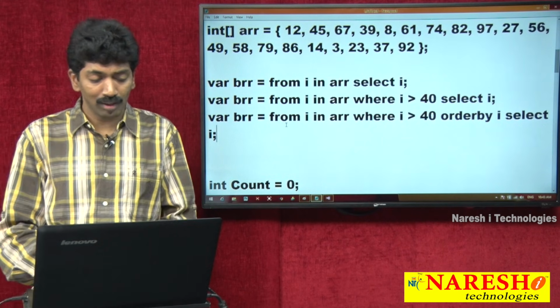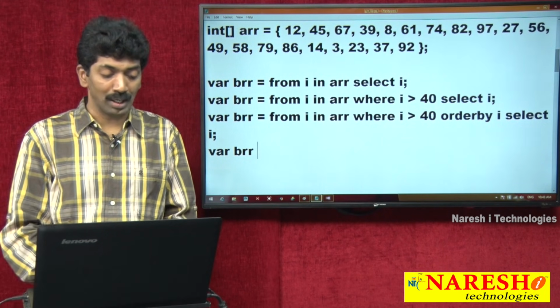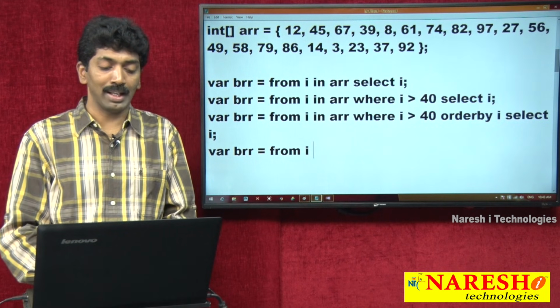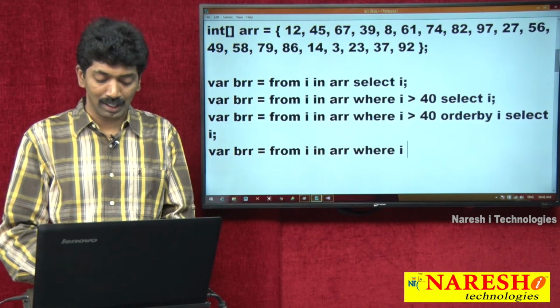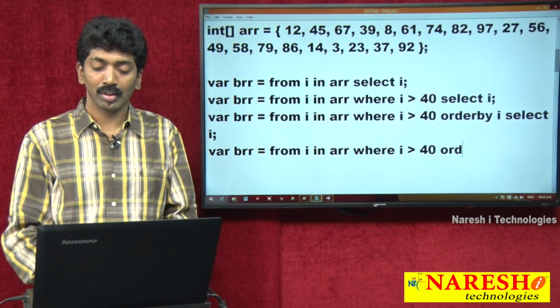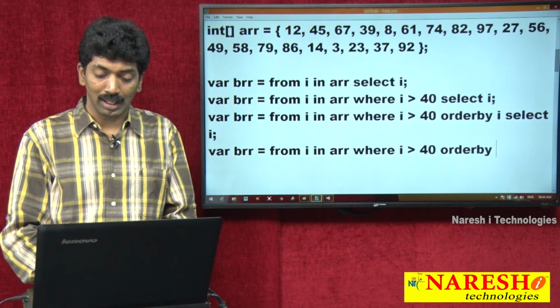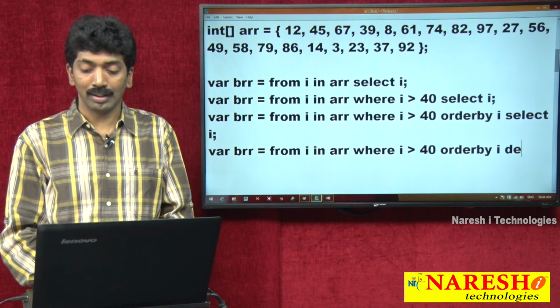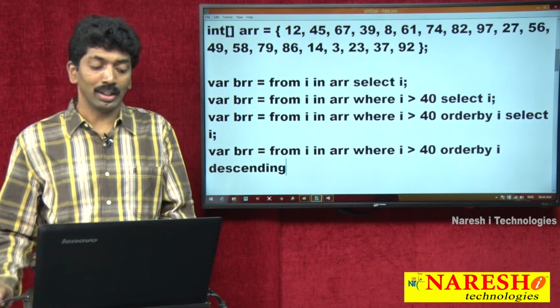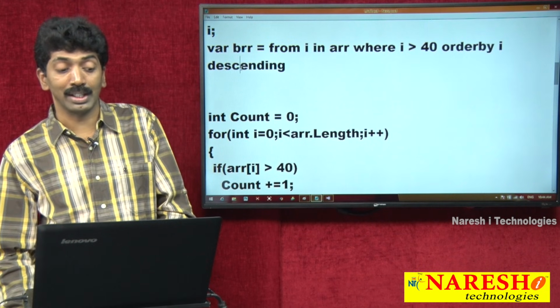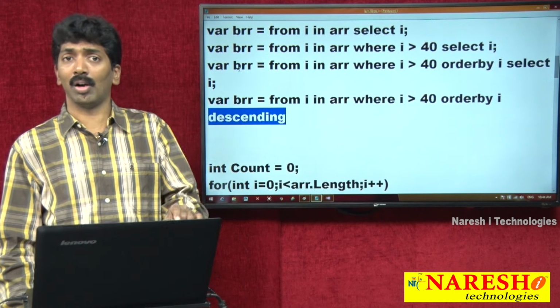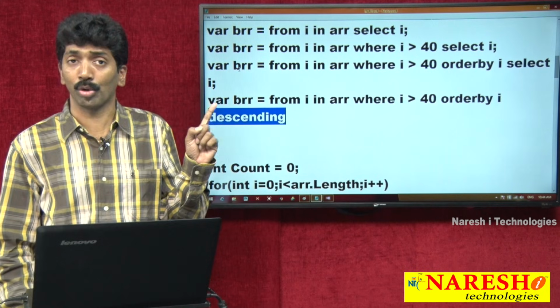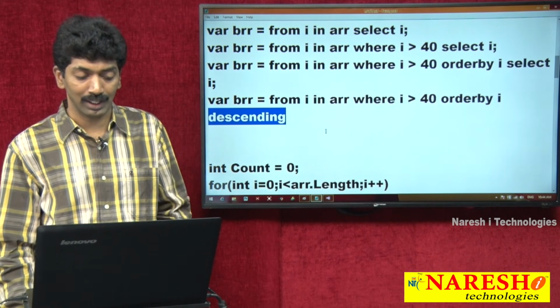Can I get in a descending order? var BRR is equals to from I in ARR, where I greater than 40, orderby I descending. Not DSC, we should use the complete word, descending. That is all I am telling you. All these things will be shown to you by Visual Studio. Descending.